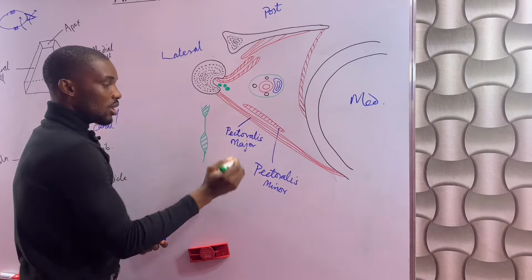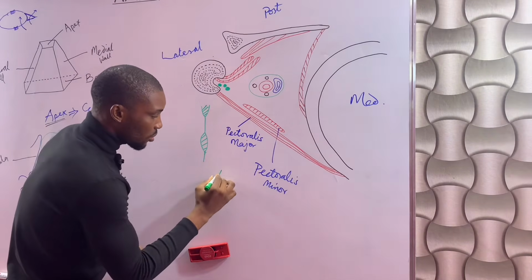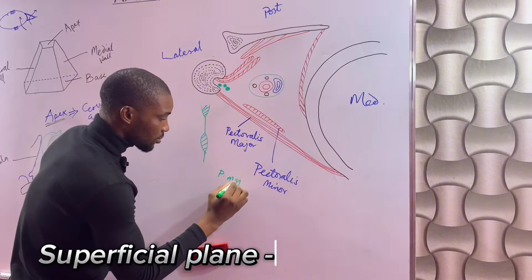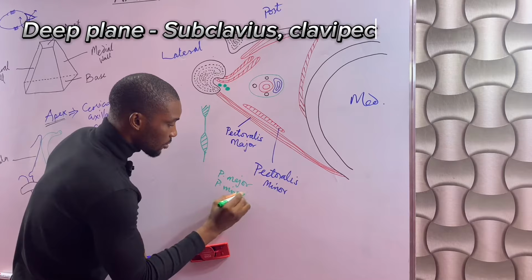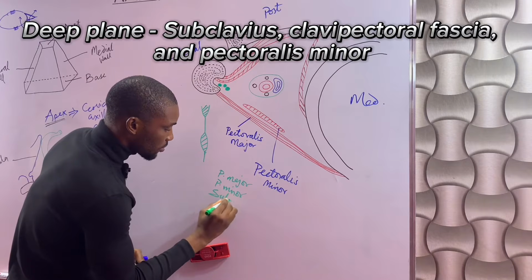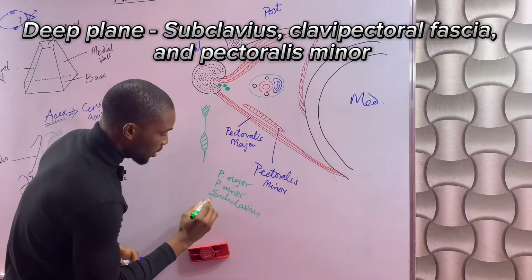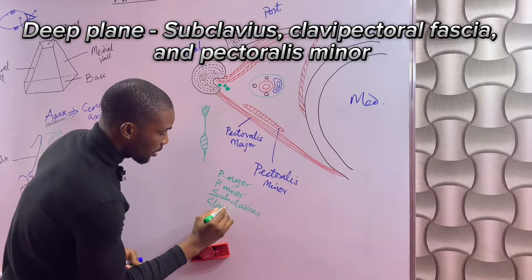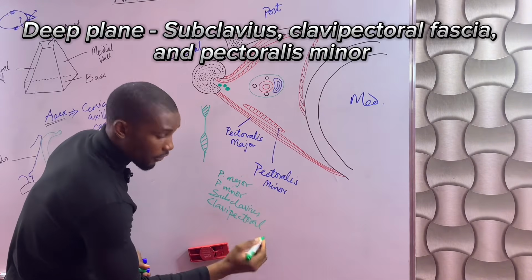So you can say that the anterior border consists of the what? P major, P minor, subclavius, what else? Clavipectoral fascia.